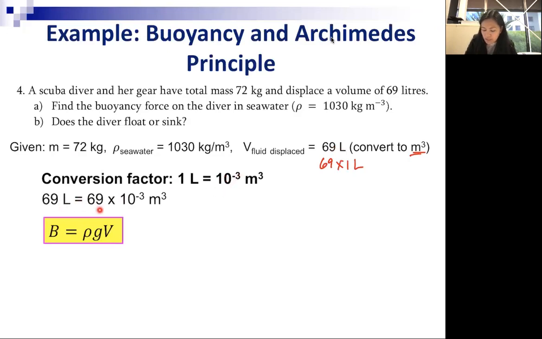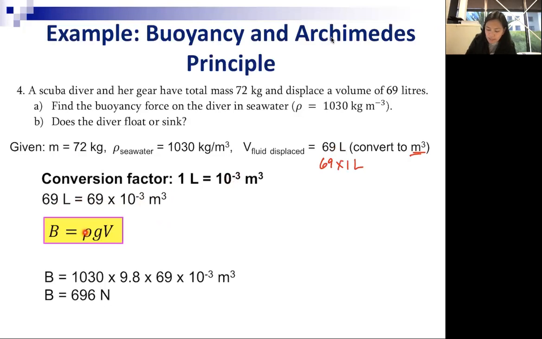So 69 liters is 69 times 10 to the minus 3 cubic meters. The buoyancy force is the density of the fluid, the seawater, 1030 kilograms per meter cubed, times g, 9.8 meters per second squared, times the volume displaced, 69 times 10 to the minus 3 cubic meters. That gives a buoyancy force of 696 newtons, always upwards.